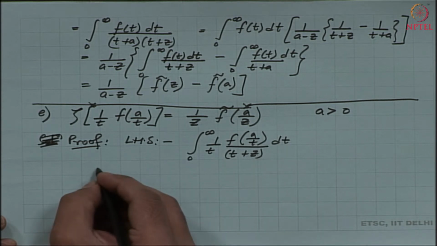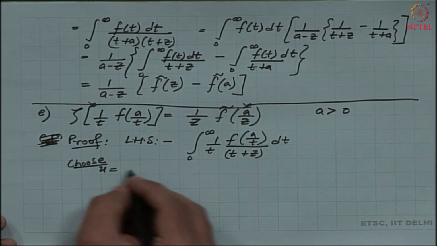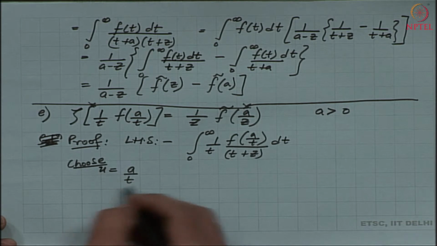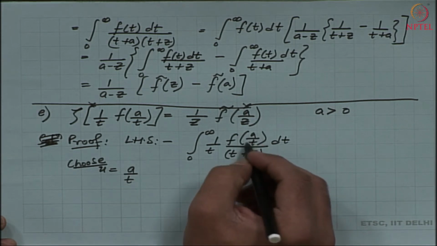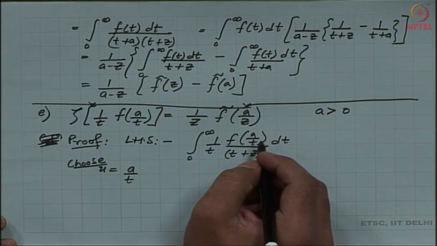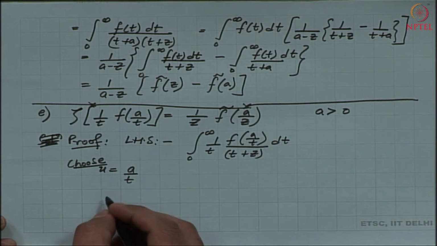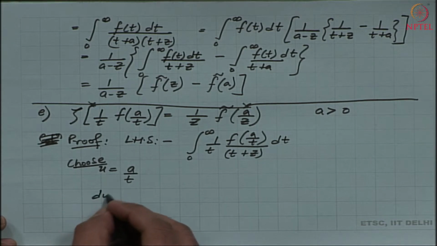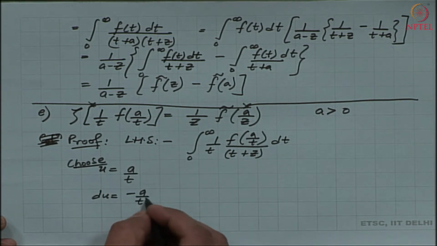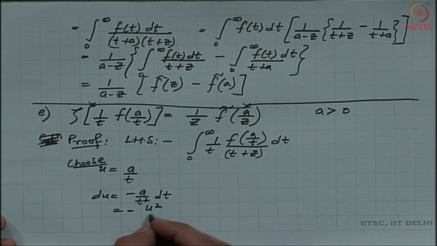So, as expected, we are going to choose my new variable u to be equal to a by t, because the choice comes out of the fact that this is the argument of f, a by t. So, when I substitute this variable, I have du equal to negative a by t square dt, which is also equal to negative u square by a dt.